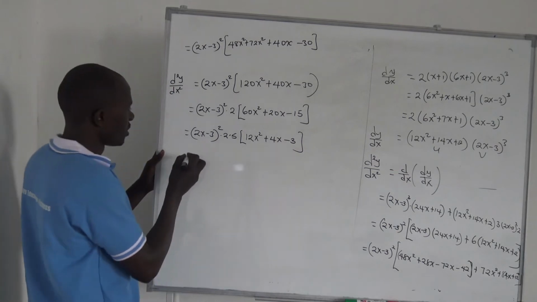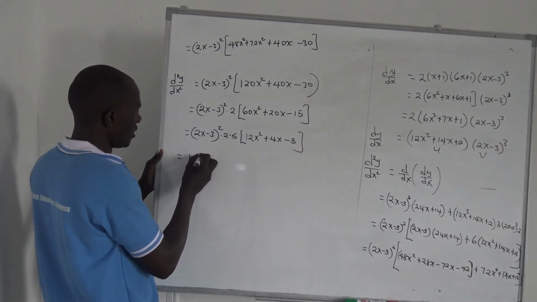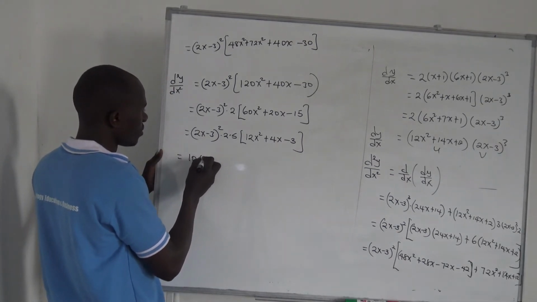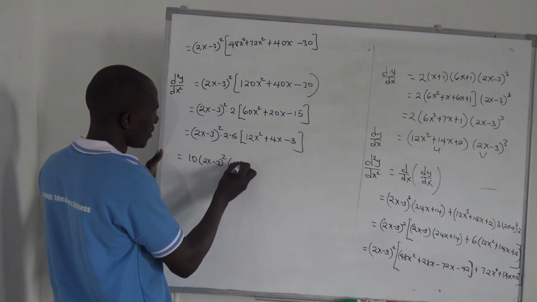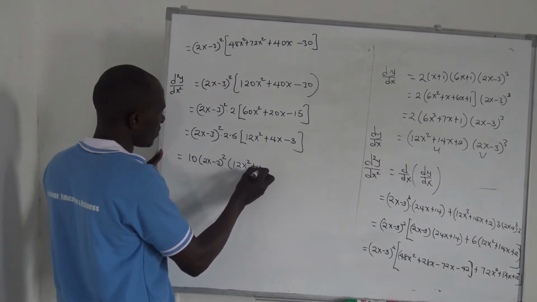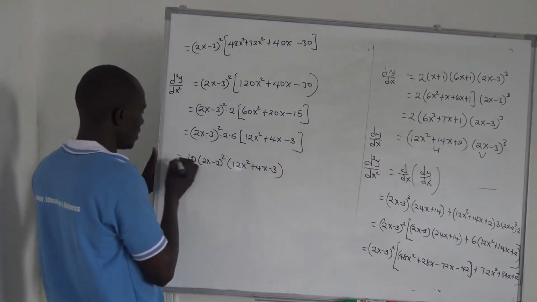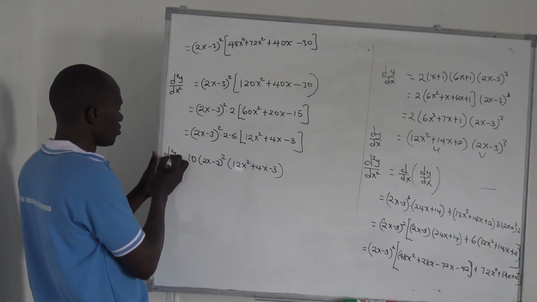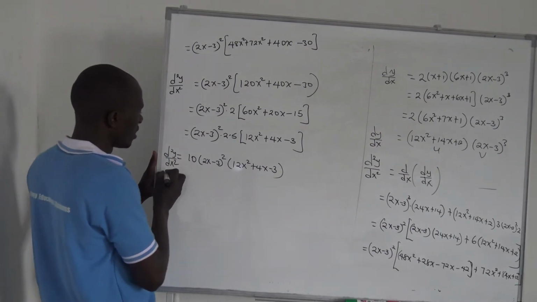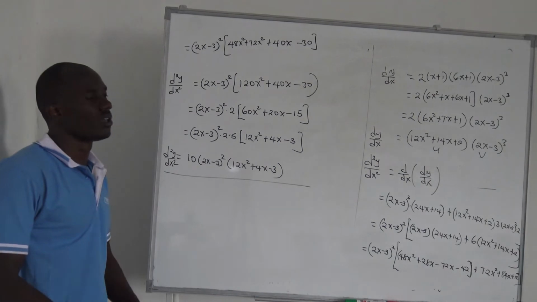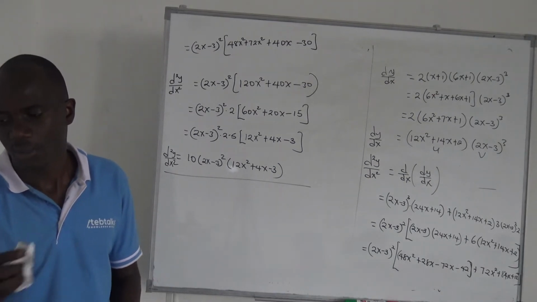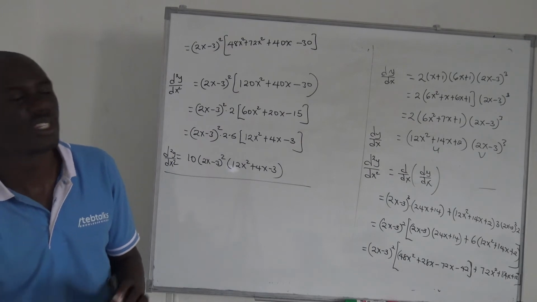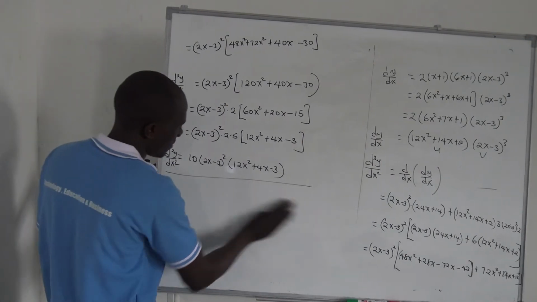So what we get is 10 into 2x minus 3 squared again into 12x squared plus 4x minus 3, which is the d2y dx squared. That's how we do that. Whenever they ask you for the second derivative, I'm expecting you to handle it in that way.